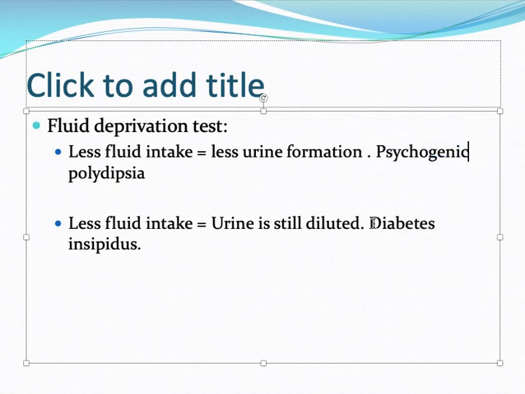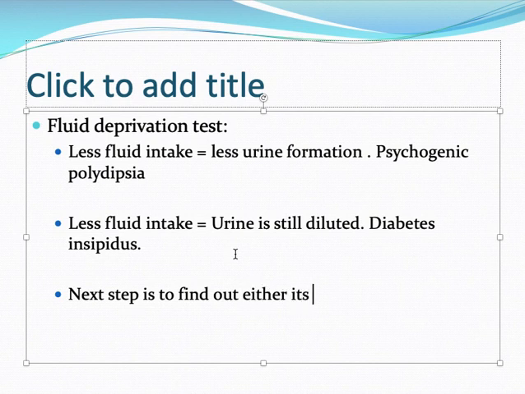Now, when you have made the diagnosis of diabetes insipidus, the next step is to find out whether it's central or peripheral diabetes insipidus. What I mean to say is, you have to see whether there is complete absence of ADH, or the ADH is there but it's not acting.